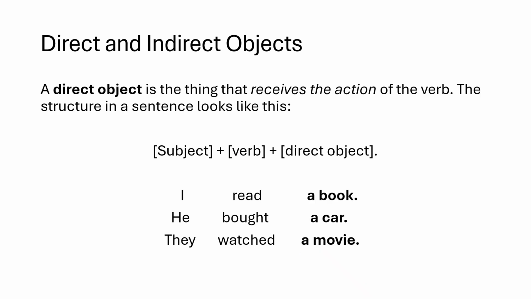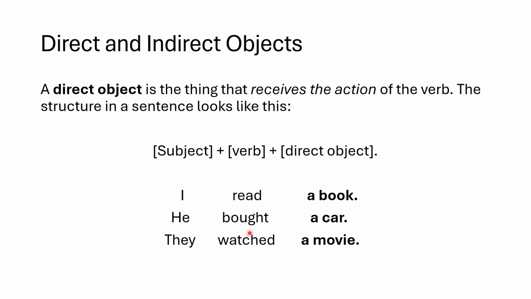A direct object is the thing that receives the action of the verb. The structure in a sentence looks like this: subject plus verb plus direct object. I read a book.